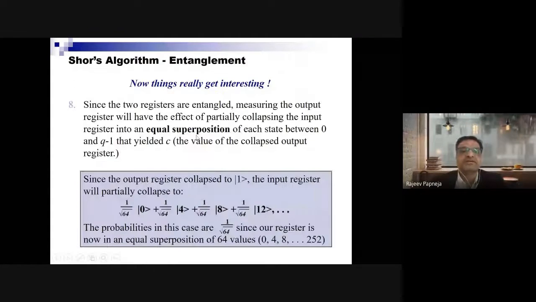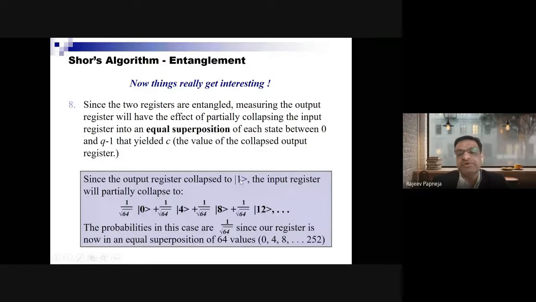From here, since the two registers are entangled, measuring the output register will also have the effect of collapsing the input register into an equal superposition of each state between 0 and q minus 1 that yielded the output C. What was the output C? 1, the value of the collapsed output register.